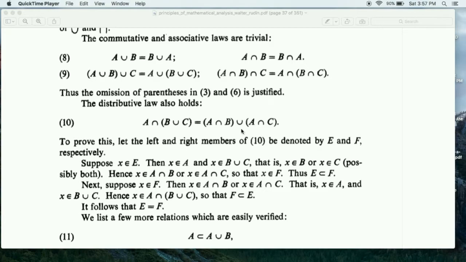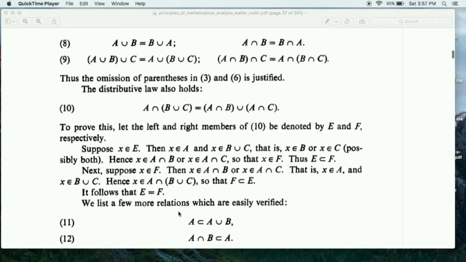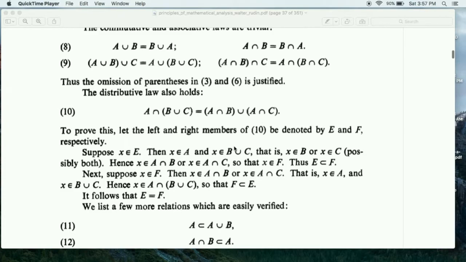And moreover, X has to belong to at least one of B or C. So X has to belong to A and at least one of B or C. And this, when translated to mathematical notation, gives X belongs to A intersection B union C. So again the right hand side is a subset of the left hand side, F subset of E. And using F subset of E and E subset of F, we know that E is equal to F. Thus, the distributive law follows.